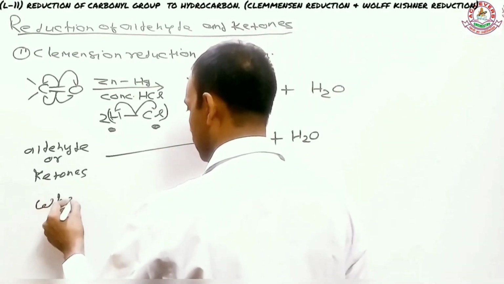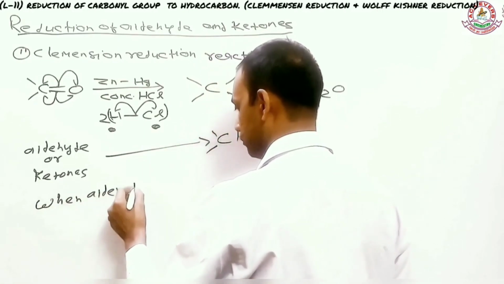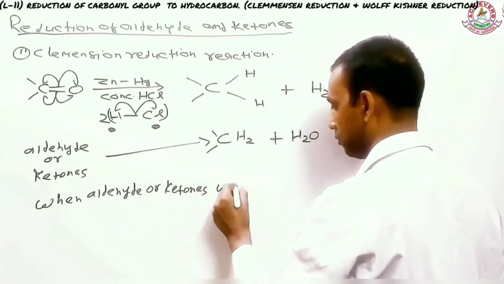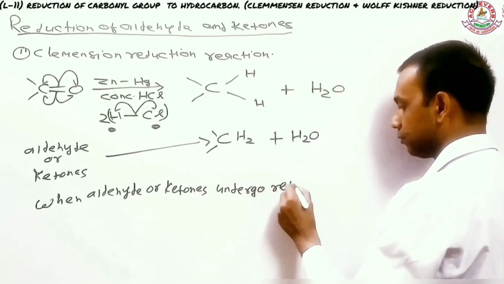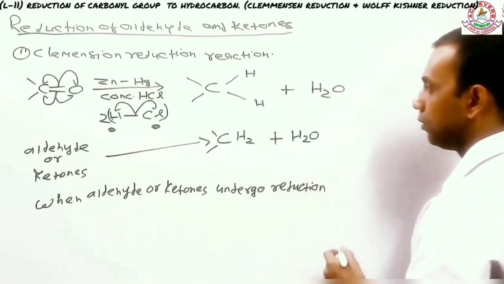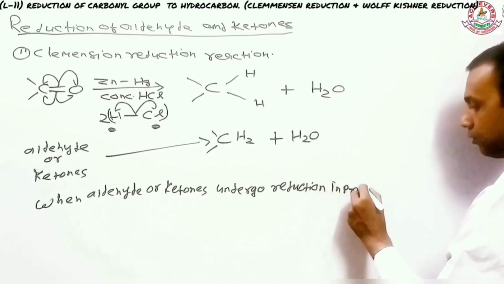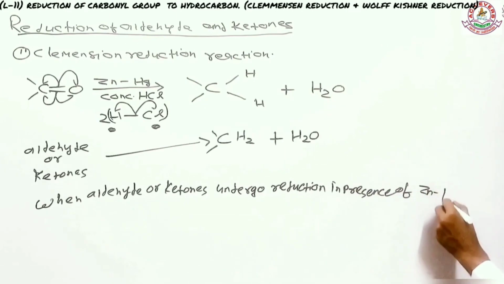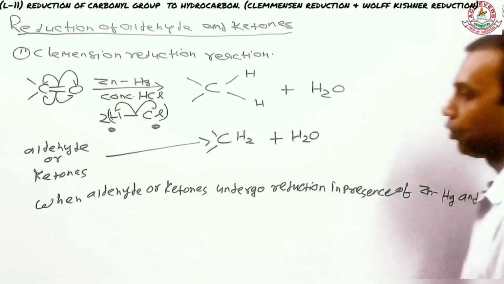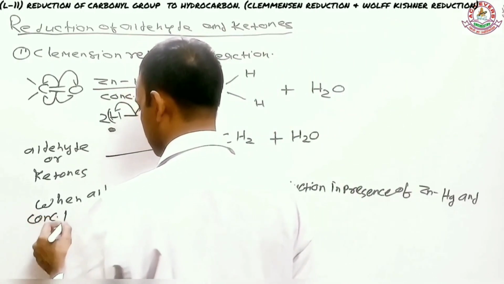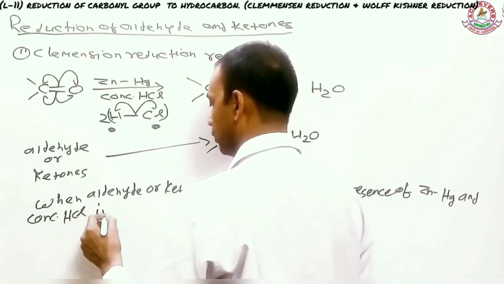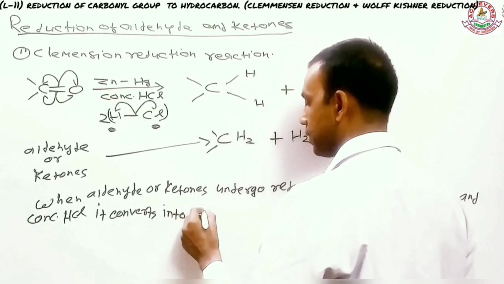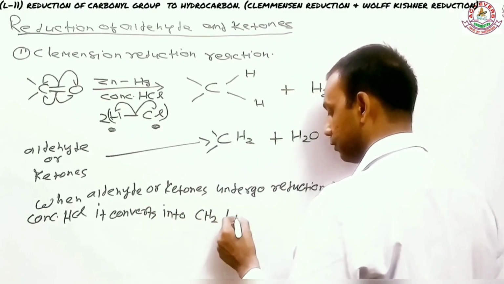When aldehydes or ketones undergo reduction in the presence of zinc amalgam and concentrated hydrochloric acid, they convert into a CH2 group by releasing water.